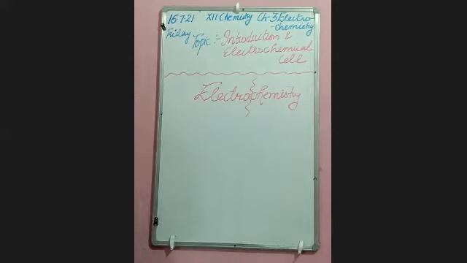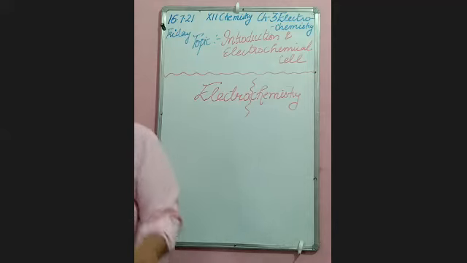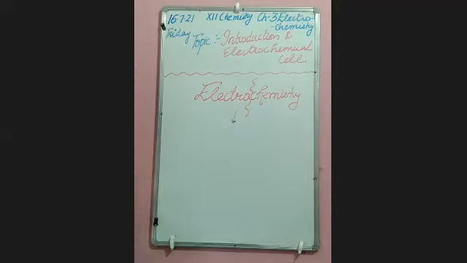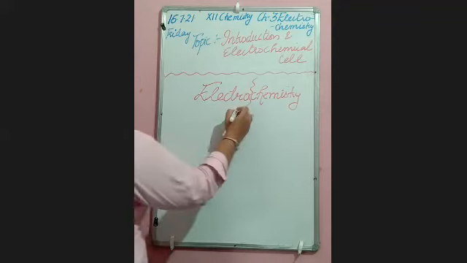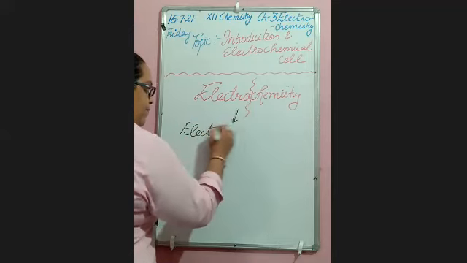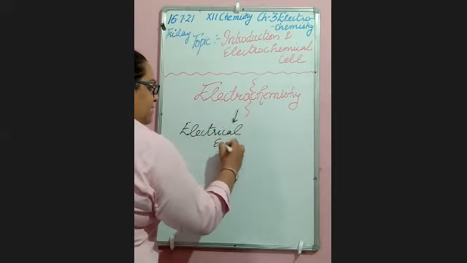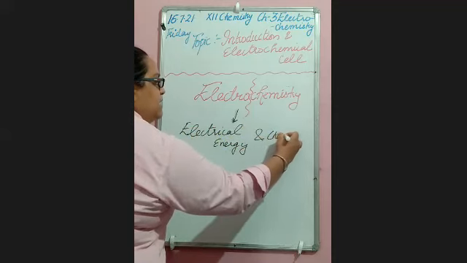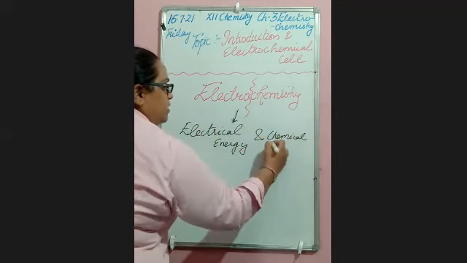Electro means electrical energy, and chemistry means chemical energy. So the branch of chemistry which deals with electrical energy and chemical energy, and what is the quantitative relationship between them.